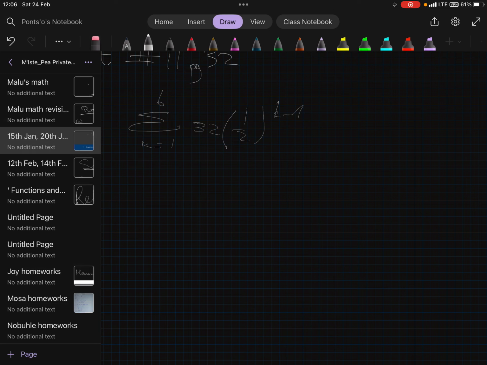That's our sum. So we must first work out our first three terms. And T1 we find when we substitute k equals 1 into the expression to the right of the sigma sign.